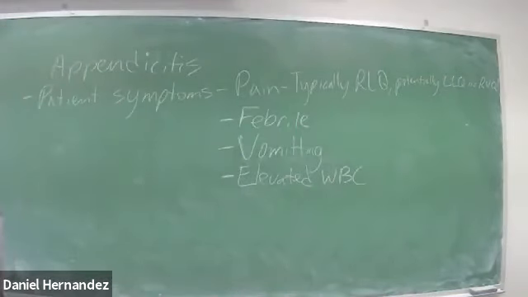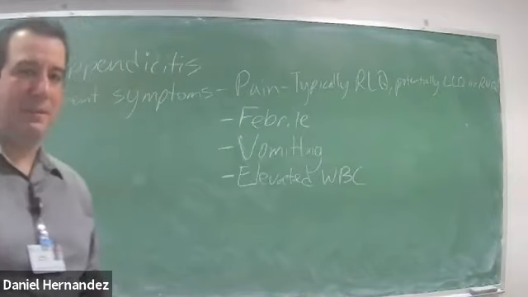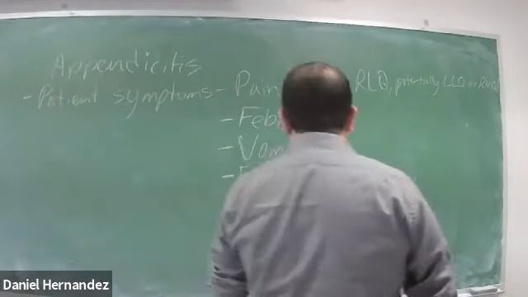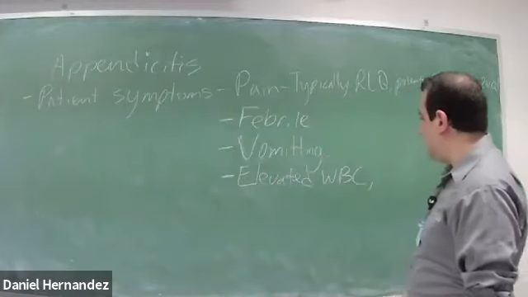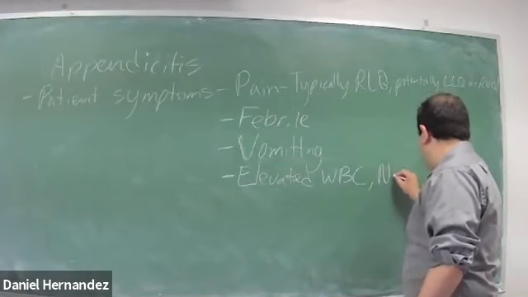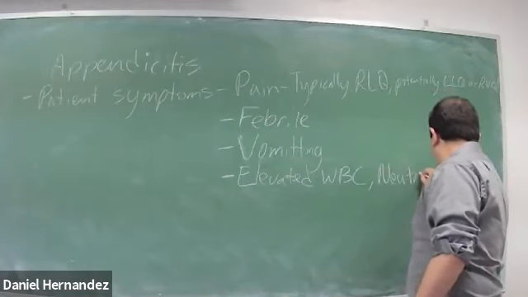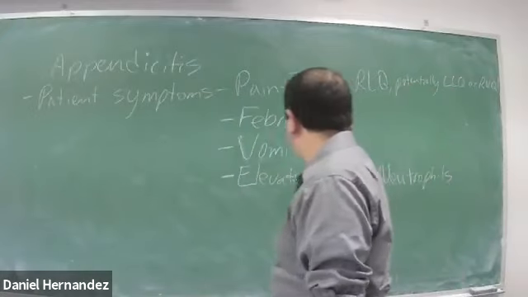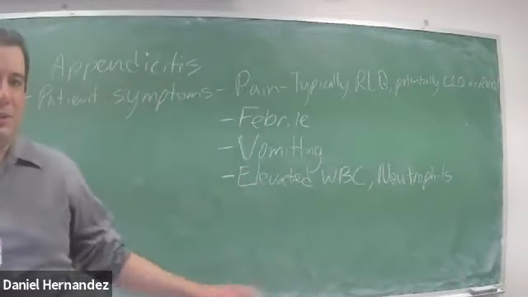So that's another factor I like to look at before I get the patient up. I'll look at their labs, see if they have an elevated white blood cell count. Another marker I always like to look at too is neutrophils, or absolute neutrophils. I've found a little correlation between the two.